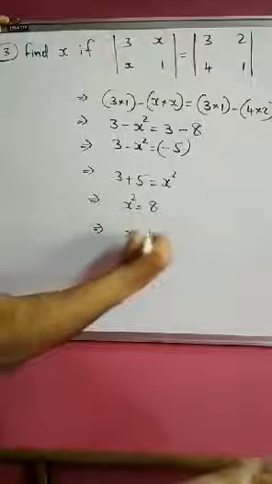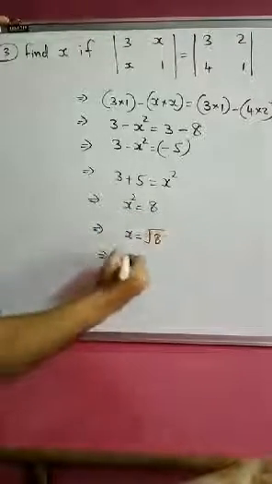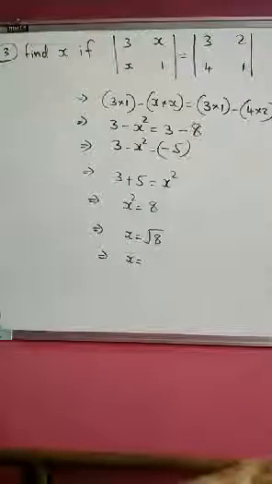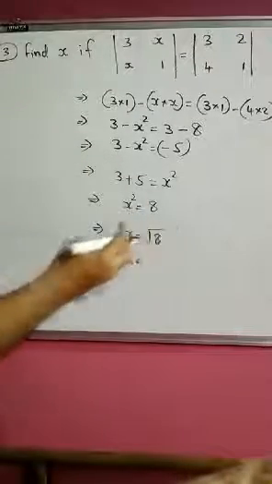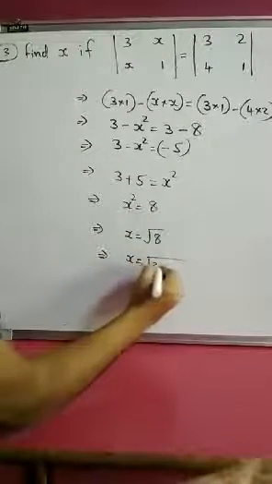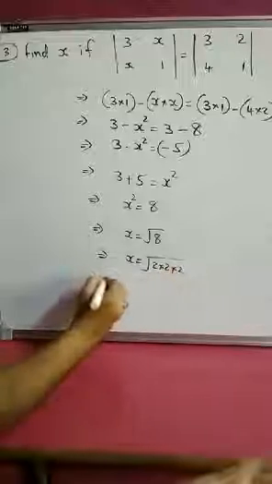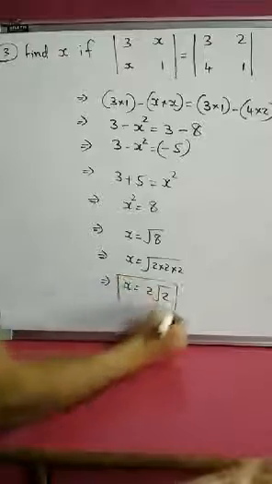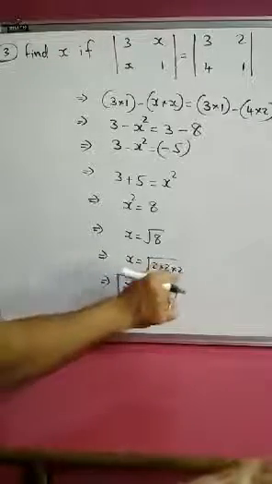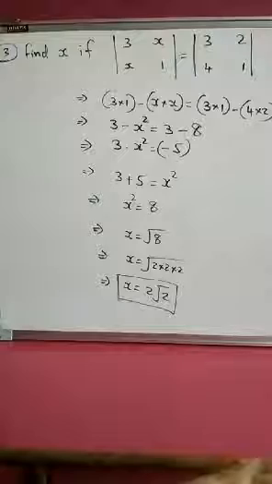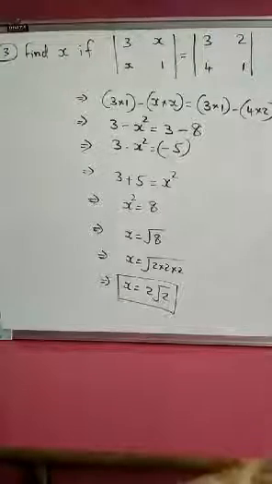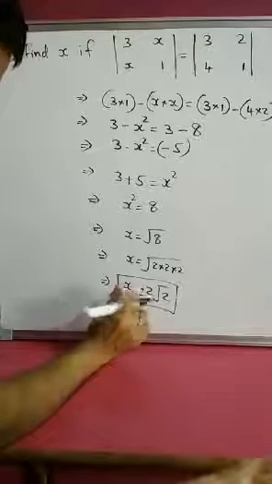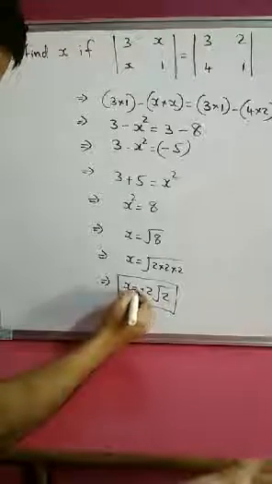So x is under root of 8, and under root 8 we can write 2 root 2, because a pair of 2s will go outside and one 2 will remain inside. So your answer is 2 root 2. But one thing: plus or minus. Your answer will be plus or minus 2 root 2.